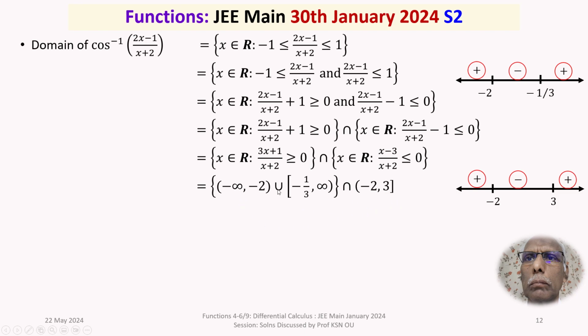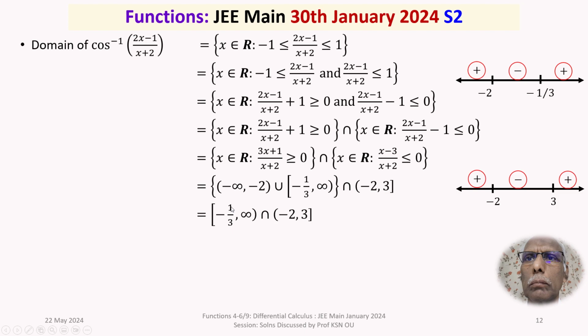Now let's take the intersection. So A union B intersection C will be A intersection C union B intersection C. If you take minus infinity to minus 2, intersection minus 2 to 3, they are disjoint because minus 2 is not common, because it's open. Therefore, they are disjoint. Therefore, empty, that is phi, union this one. That means the second intersection, minus 2 to 3.